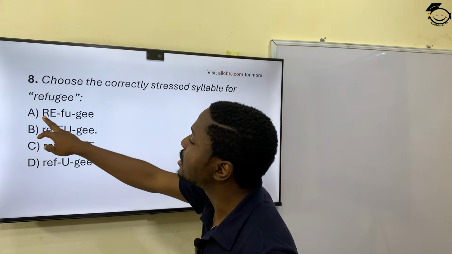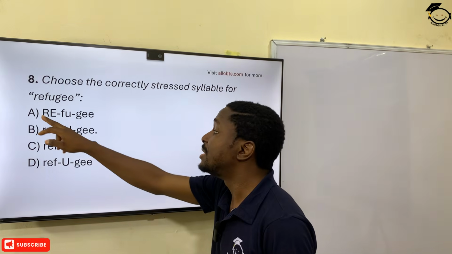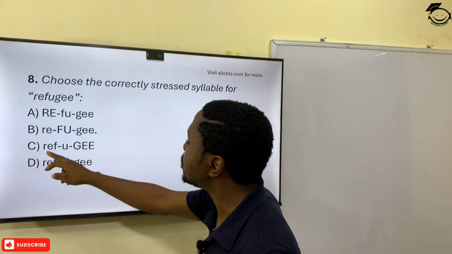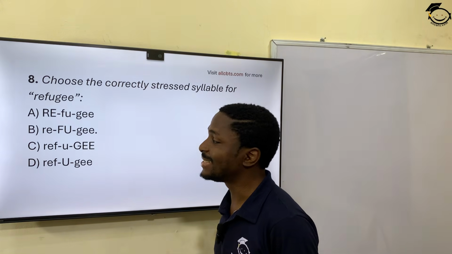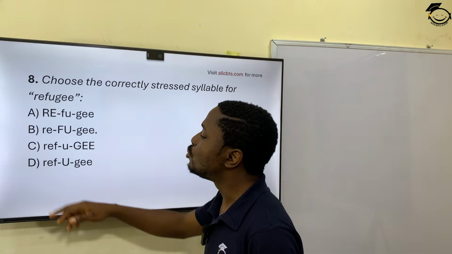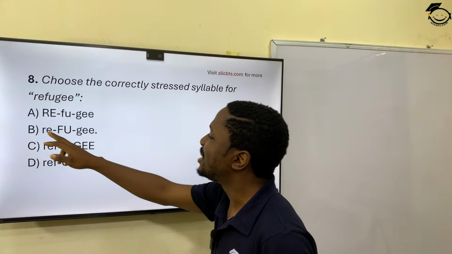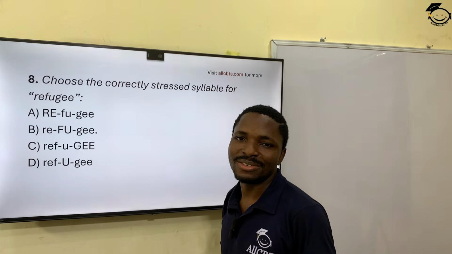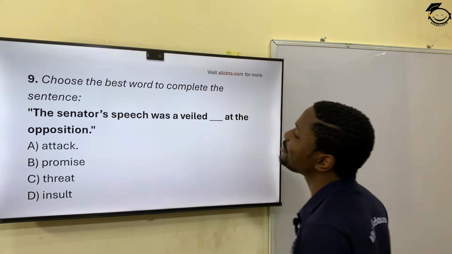If you put it on this, it will be refugee, which doesn't make any sense. If you put it on this, it will be refugee. This doesn't make sense too. If you put it on here, it would be refugee. It doesn't make sense, yeah? So this is the correctly stressed one, which is refugee, right? Or refugee. Good.